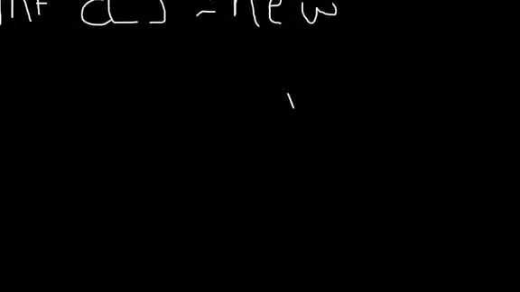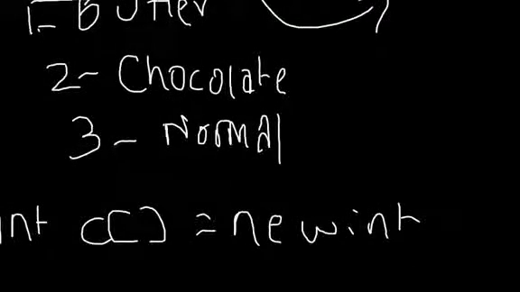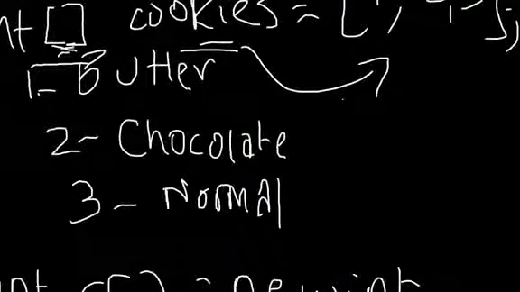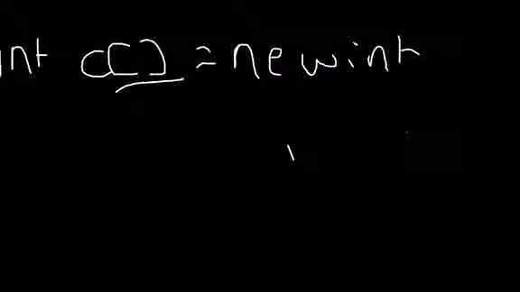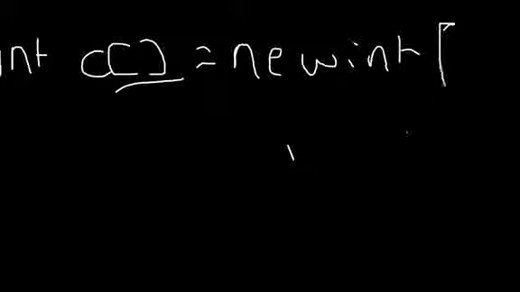What you can do is declare the array first, int C for cookies, with the box brackets there. I'm just trying to expose you to different kinds of notation right now. And now it's equal to new int, let's say 3.